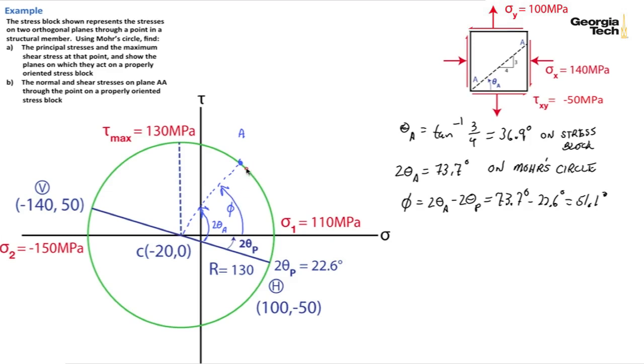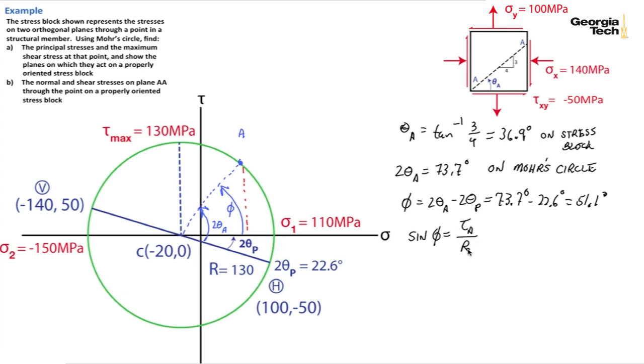Now I can drop a vertical line here, and so I know what this angle is, and now I can find at point A my shear stress and my normal stress at point A. So sine of phi is equal to the opposite side, which is going to be the shear stress at point A, divided by the radius.